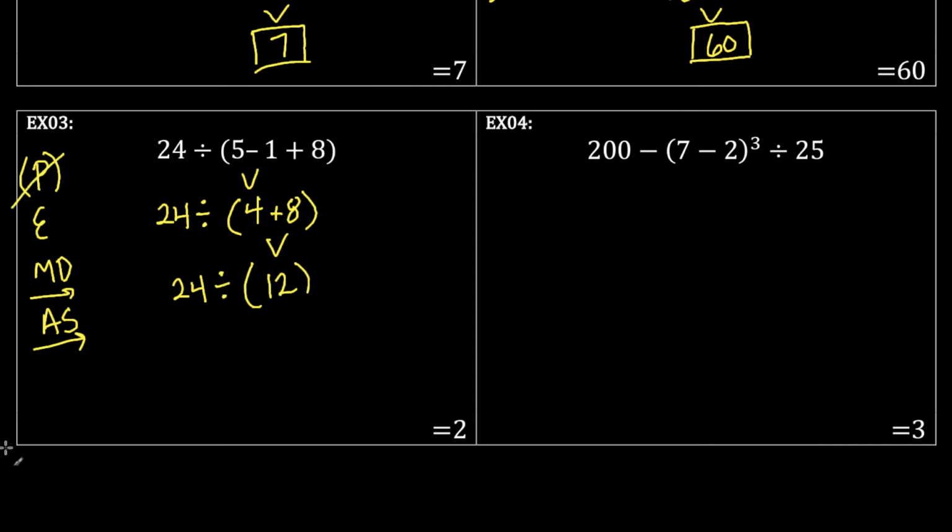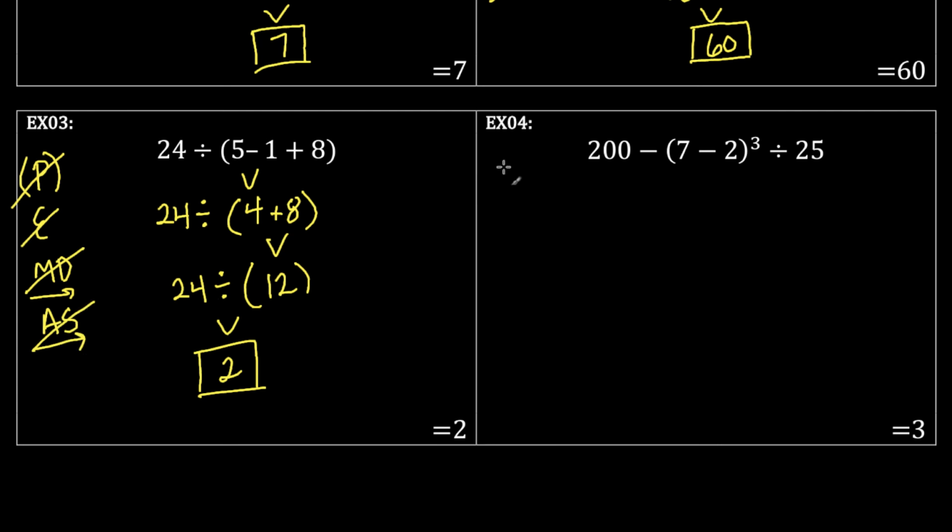I don't have any little numbers, because little numbers are exponents. Multiplying and dividing from left to right, right here, right away. 24 divided by 12 is 2.